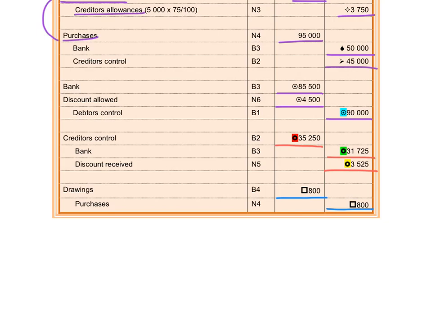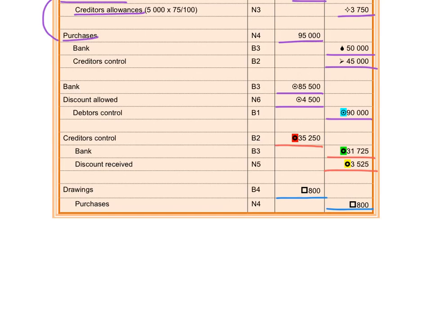When goods are used for another purpose and not for selling, it means that you have to decrease the expense for purchases. So you will create another expense, drawings, and you will decrease the purchases on the credit side.